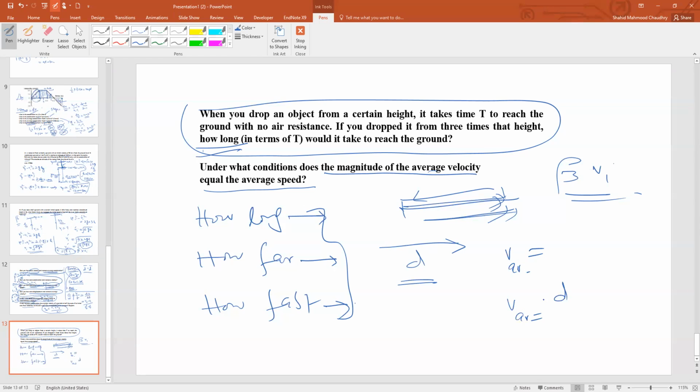If the displacement is positive and negative, the average velocity magnitude will be different. But under what condition? If it is moving in the same direction, the distance and the displacement will be the same for average speed and average velocity. So this is the condition.